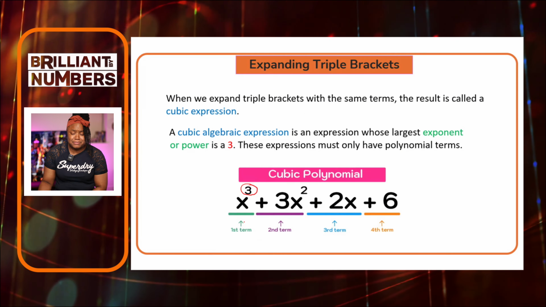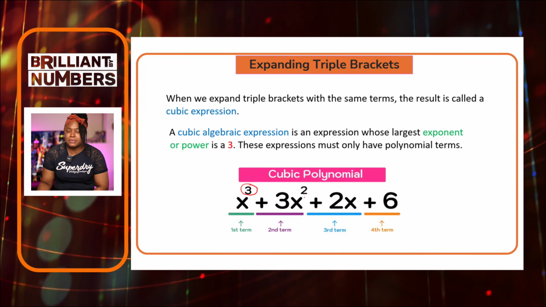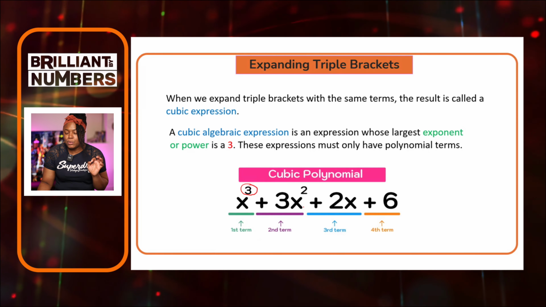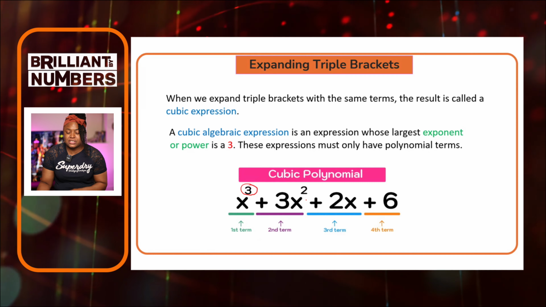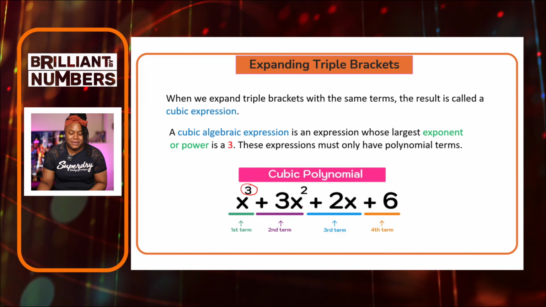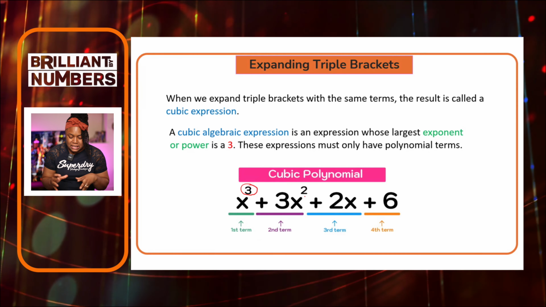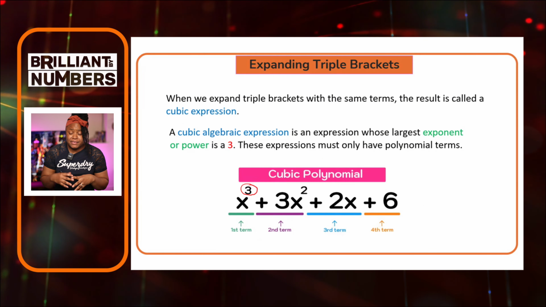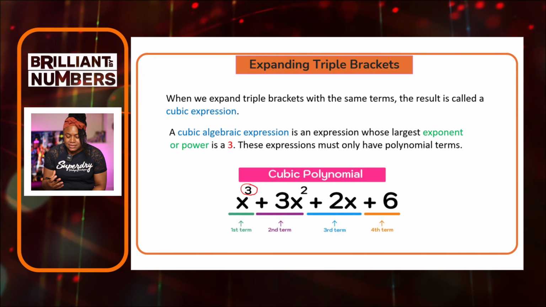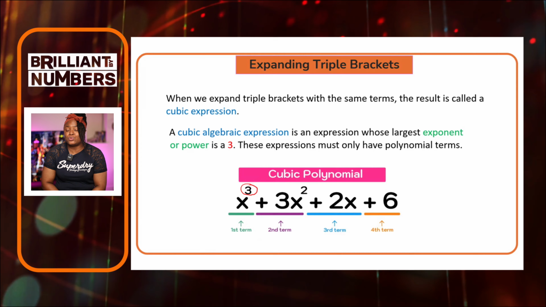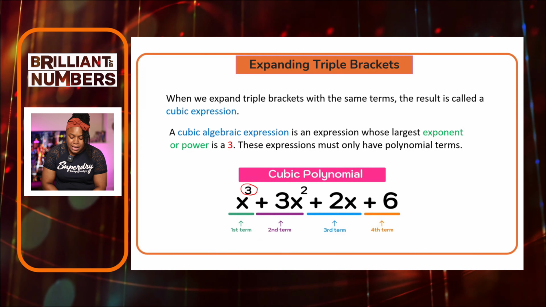That's our first term. The second term will be a term that has a power of 2, which is the quadratic part of the cubic part, and you'll see where that comes in the example. Then we have a third term in terms of x, and then a constant term, which will always be a number. Absolutely brilliant. So 4 parts to this cubic expression.